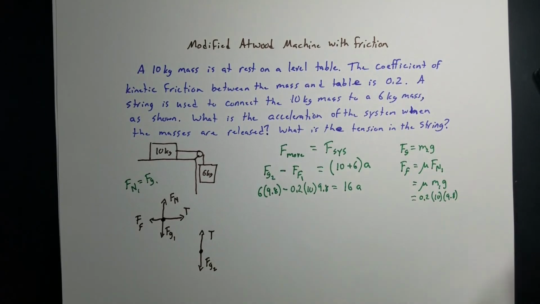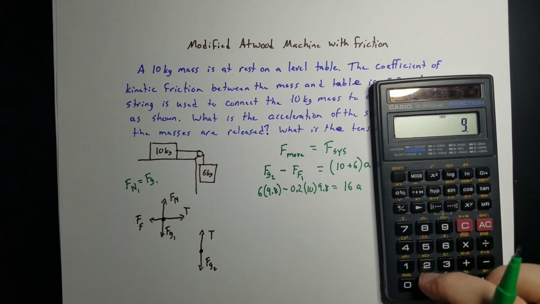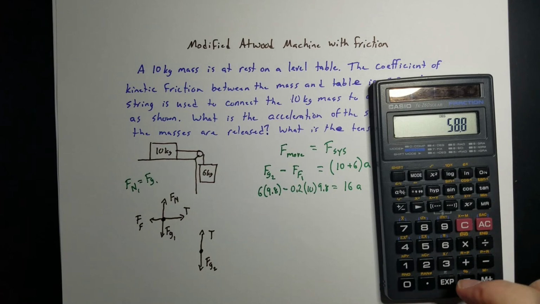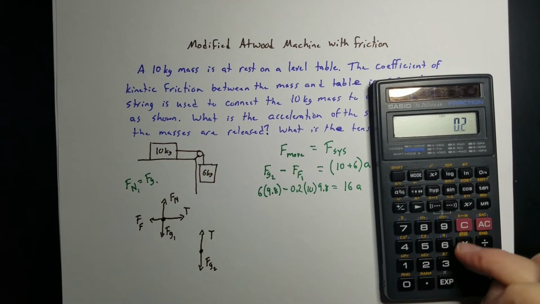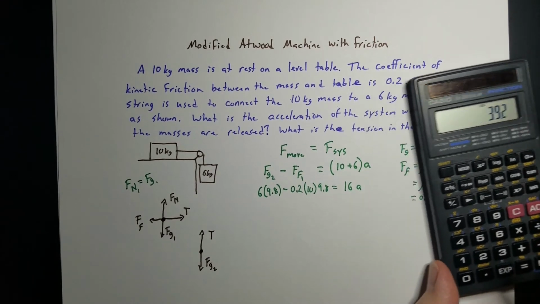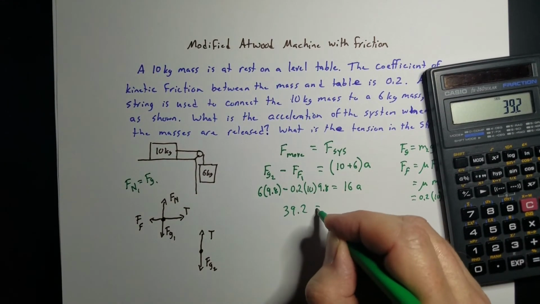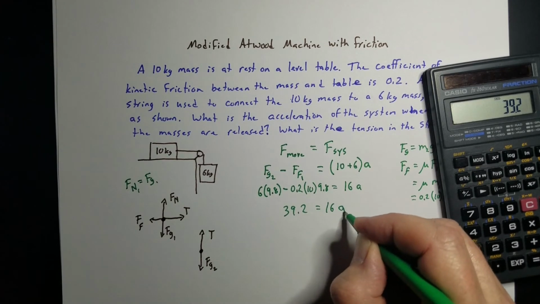Now we got everything, we just do the math. So 6 times 9.8 minus 0.2 times 10 times 9.8. This whole side is 39.2 equals 16a.